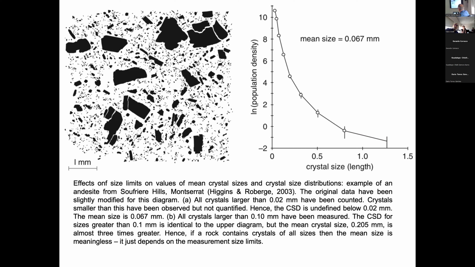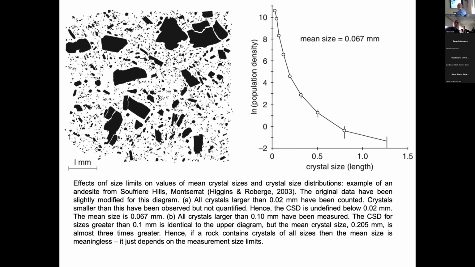This relation means that you have a small amount of big crystals, a bit more phenocrysts, and a lot of tiny crystals. If you want, you can split this into 2 slopes, this and this, or into 3, depending on how your distribution is.